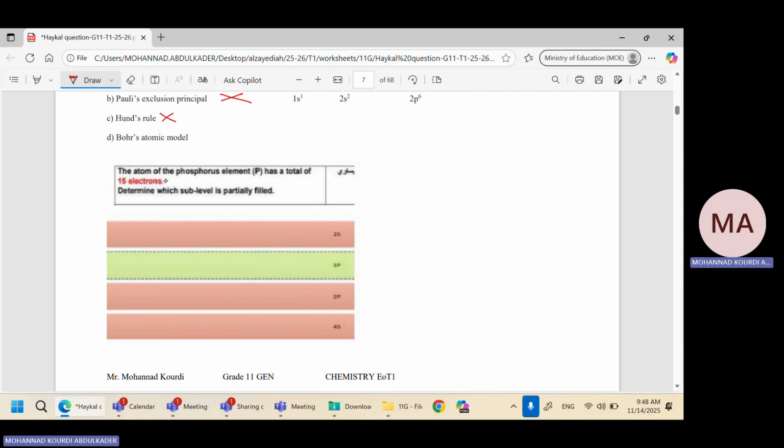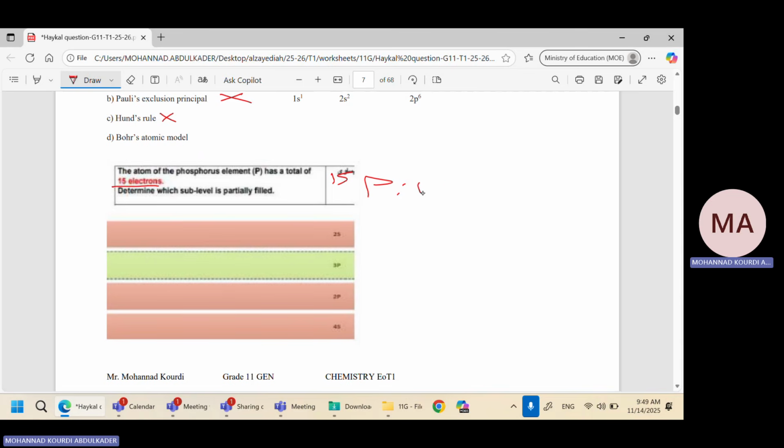An atom of the element phosphorus has a total of 15 electrons. So P 15. Determine which sublevel is partially filled. So which orbital in phosphorus is not completed by electrons? Here you have to make the electron configuration of phosphorus to know which orbital is not filled completely.